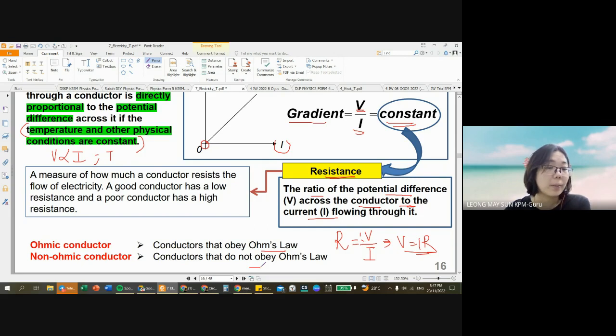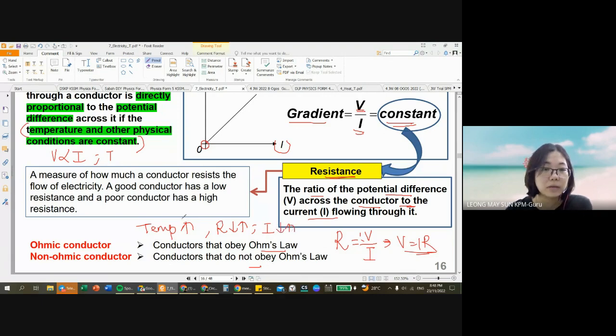Why does it not obey Ohm's law? Because the temperature changes. When the temperature increases for a non-ohmic conductor, the resistance in the circuit could drop or could increase, causing the current I to drop or increase.